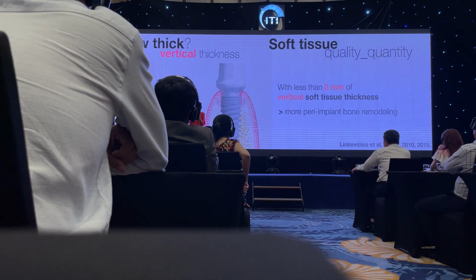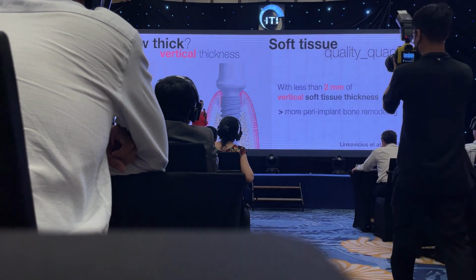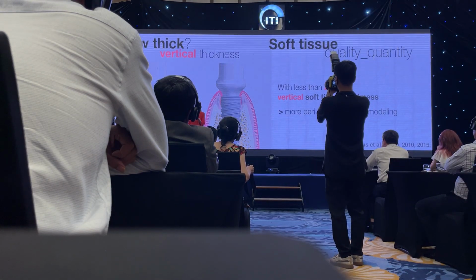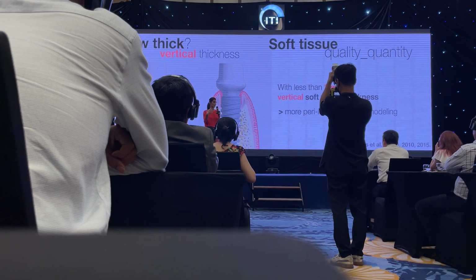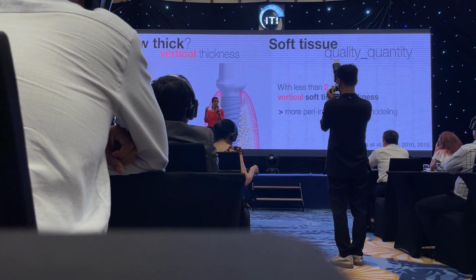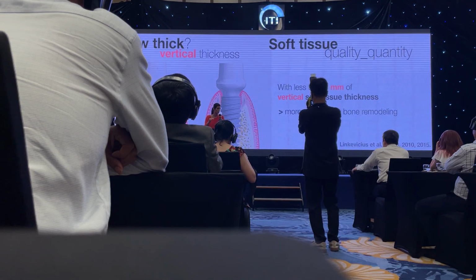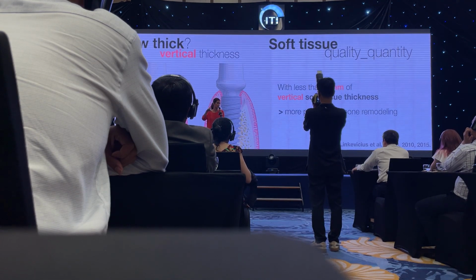So basically what you have then is a physiological remodeling. It's not a remodeling that is due to bacteria, it's a remodeling that is due to physiology, because you don't have the space for the biological width. So you have a bone resorption, and you have an apicalization of the soft tissue to gain this thickness.